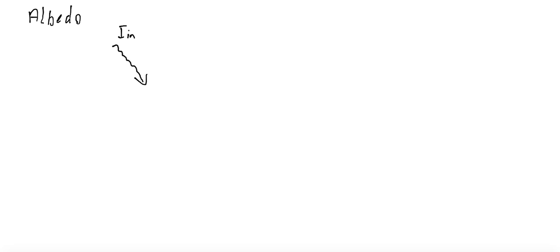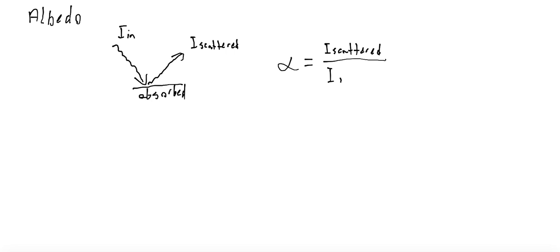Then always part of the radiation is scattered and the rest is absorbed. And albedo, which has the symbol alpha, is the fraction of this scattered intensity to this incoming intensity. Of course, if you have an object of given area, you can write albedo in the form of power, so power which is scattered to power which is incoming, not only intensity.